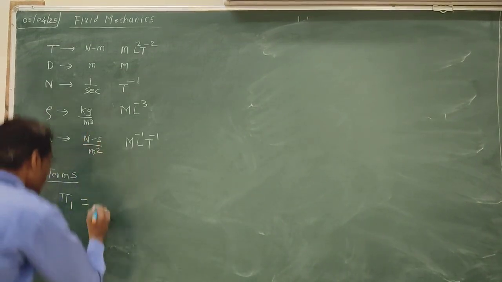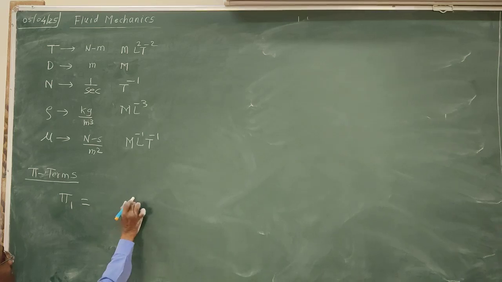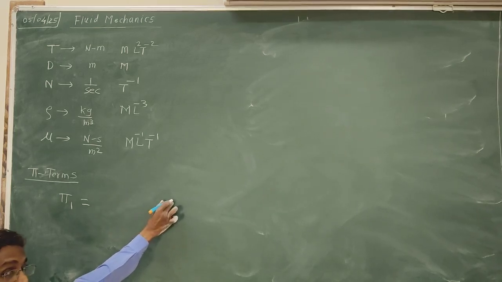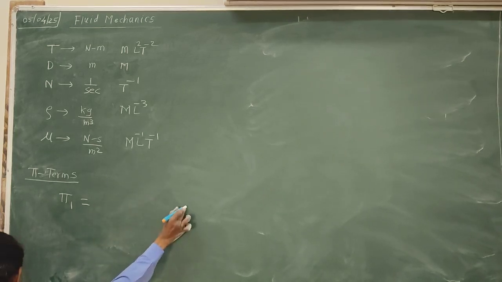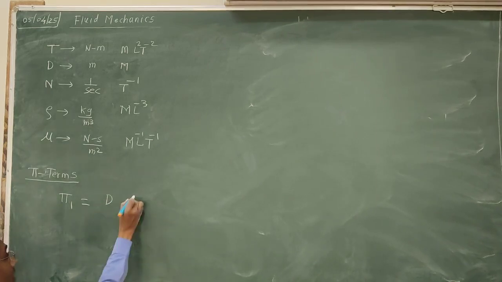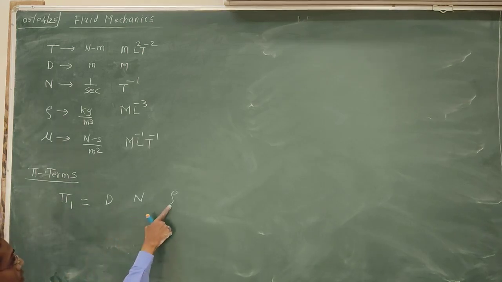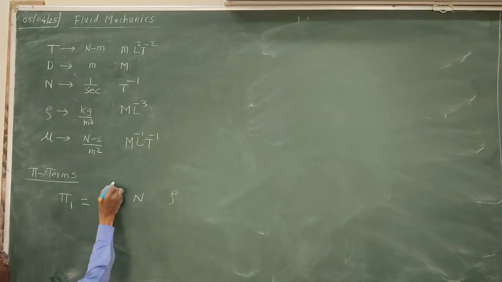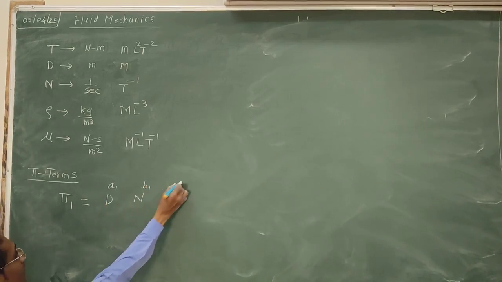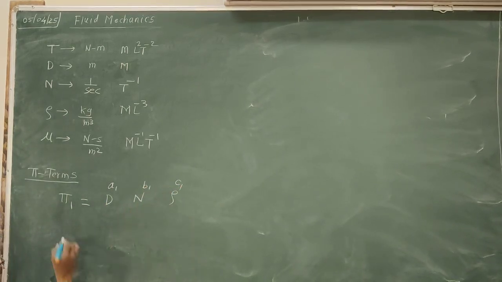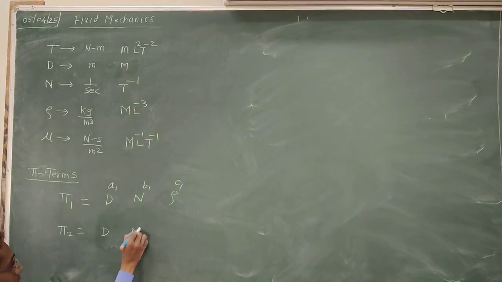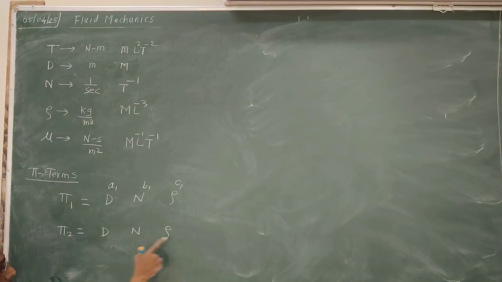First you write the repeated variables x2, x3, x4, which we have taken here: diameter, speed, and density, D, N and rho, raised to a1, b1, c1. In the pi 2 term, again these fundamental variables D, N and rho will come, with exponents a2, b2, c2.